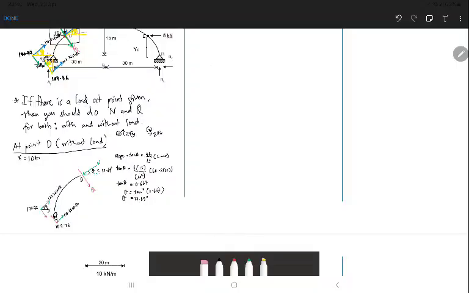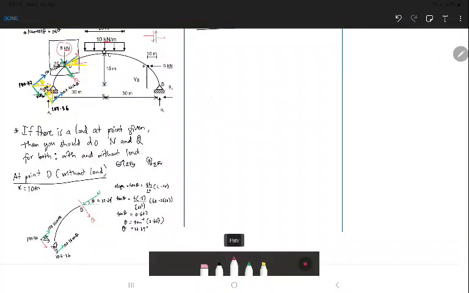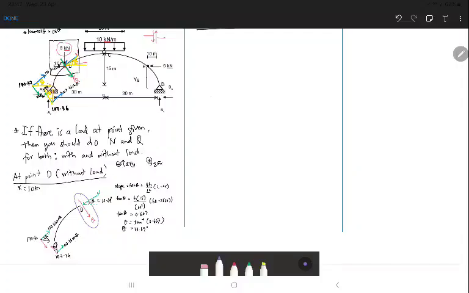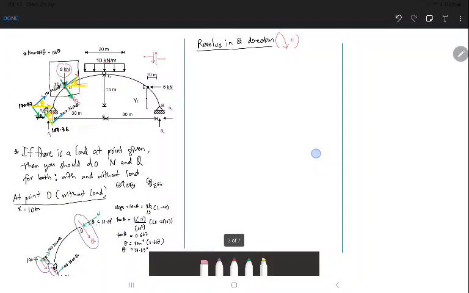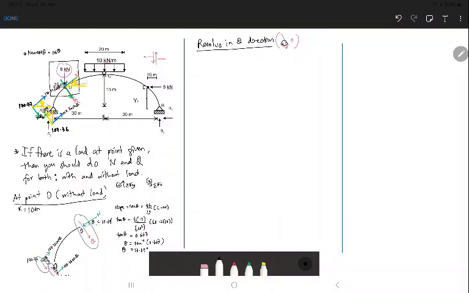Okay, so taking this direction as positive, you got this one, Q, this one, and this one. So Q in this direction is positive.